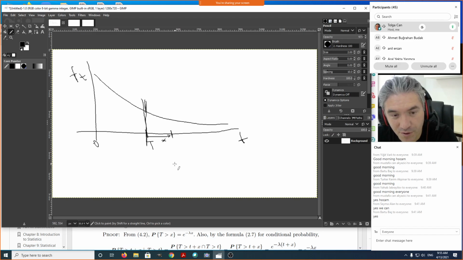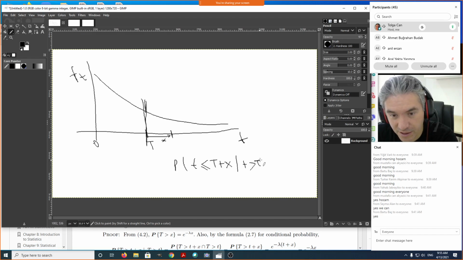So the probability that T is less than or equal to t plus x, given that it didn't occur in the first t. So given that T is greater than t.